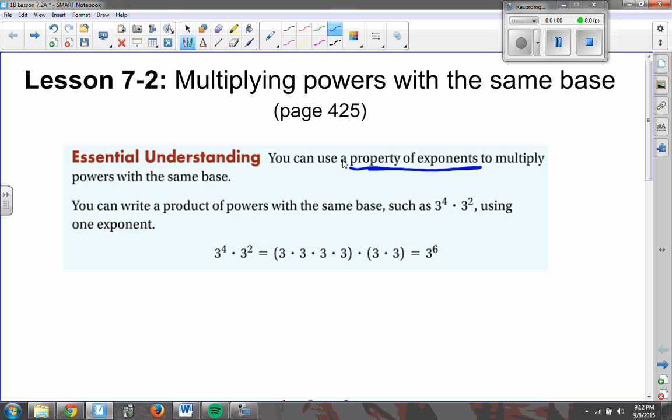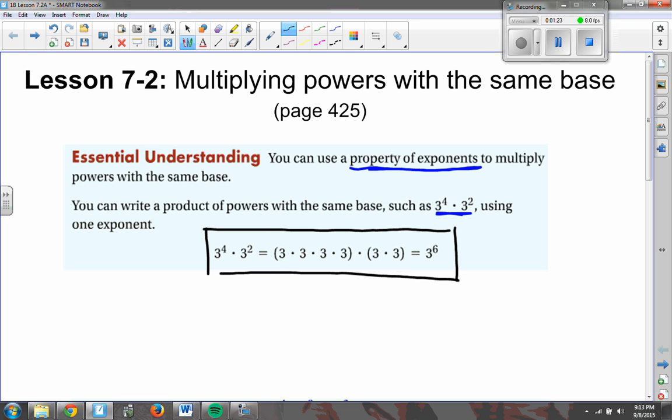Okay? It also says that you can write a product of powers with the same base, such as, here's our first example, 3 to the 4th times 3 to the 2nd, using one exponent. All right? So look with me here at this equation in the middle of your screen. That tells me that 3 to the 4th power times 3 to the 2nd power is really taking 4 3's all multiplied together, that's here, 4 3's multiplied together, and timesing that then by 2 3's multiplied together, okay?